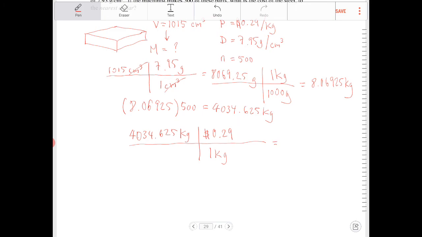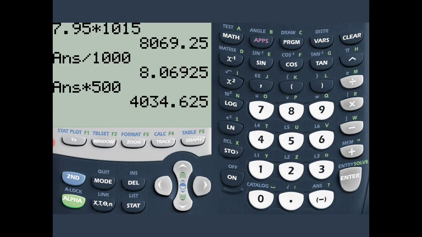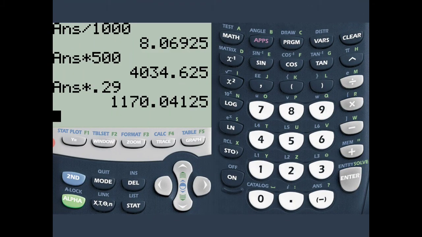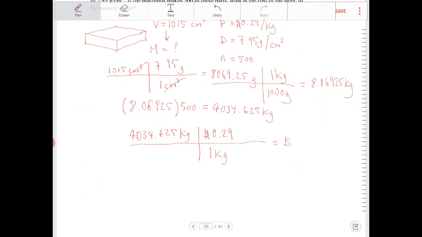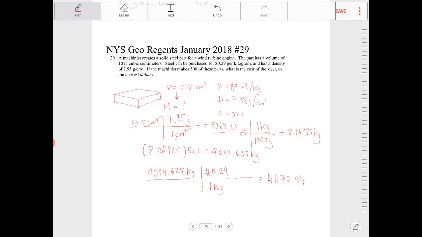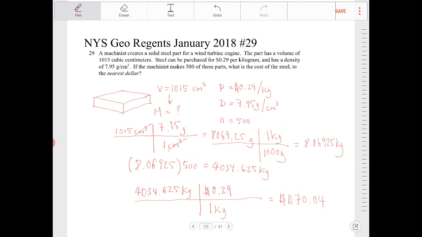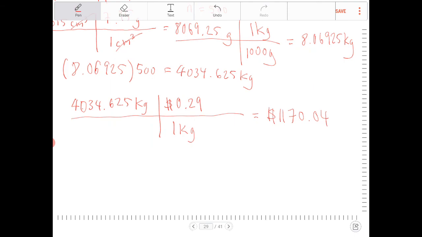What I'm going to do now is multiply this by 0.29. So times 0.29, and that will be $1,170.04. I believe it did say round to the nearest cent, didn't it? No, to the nearest dollar. So $1,170 then. This is going to be the final answer.